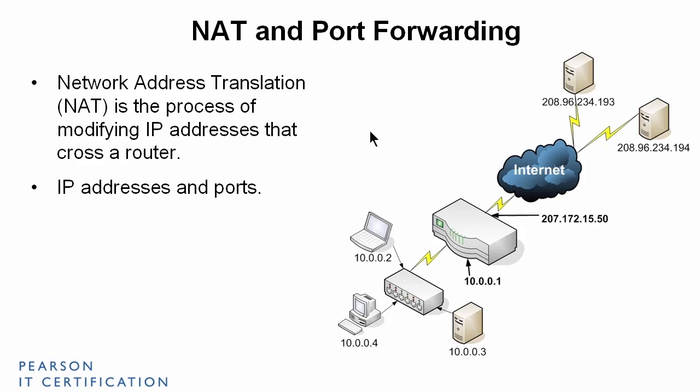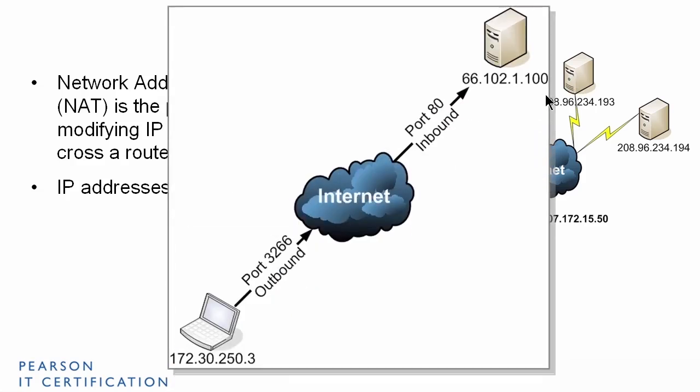Now let's talk about IP addresses and ports, because every time you want to connect to a server on the internet, you have to do that via a port. For example, if this was a web server, you would connect to that server through its inbound port 80. Okay, let's bring up a graphic of that. Here's a laptop on the 172.30 Class B private network. It's going to use an outbound port to go out through the internet to communicate with the server.